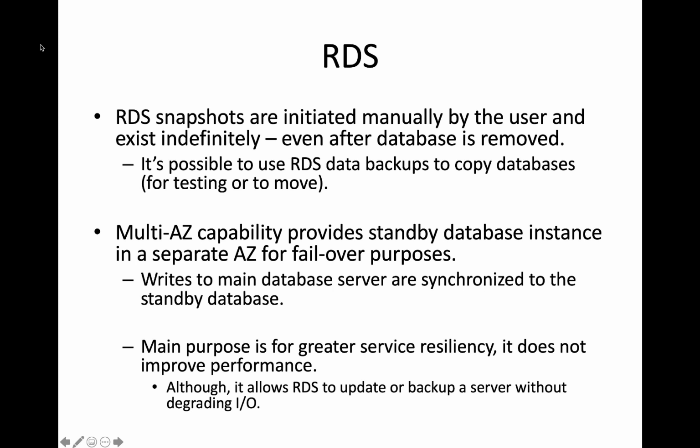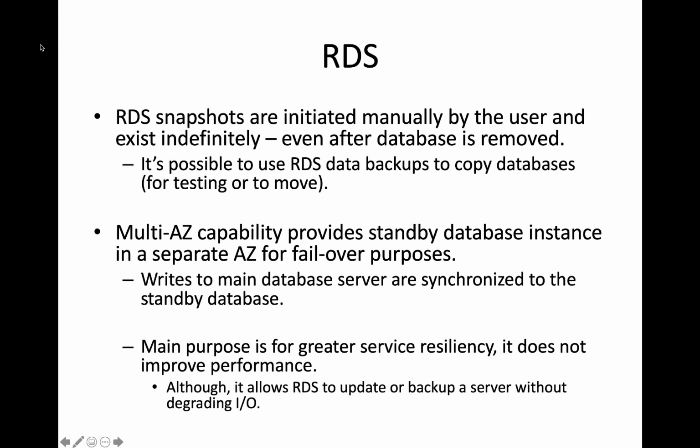And RDS supports this using a feature called multi-AZ compatibility. What RDS will do is, when it launches your database server in an availability zone, it will launch a standby database instance in a separate availability zone and use that secondary instance for failover.